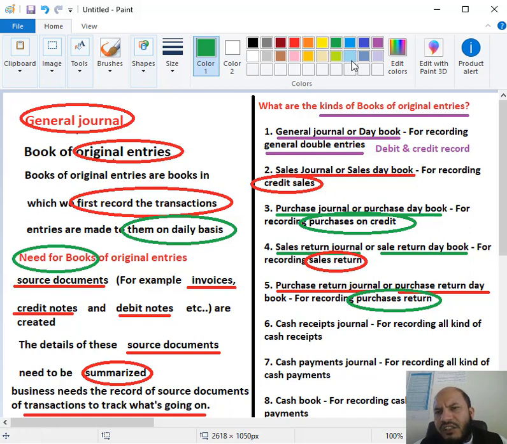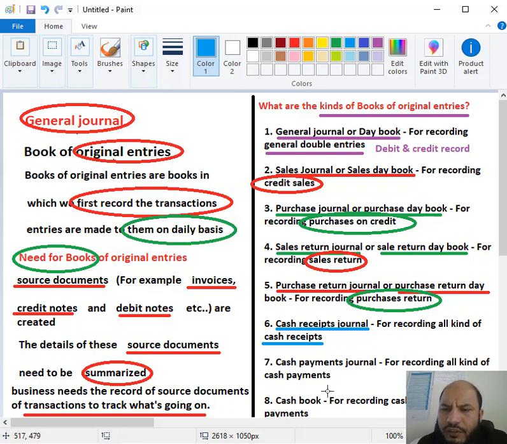And the next type of journal is the cash receipt journal. This is another type of journal. Here we record all kinds of cash received, I mean the cash-related transactions that we receive we will record specifically in this journal.